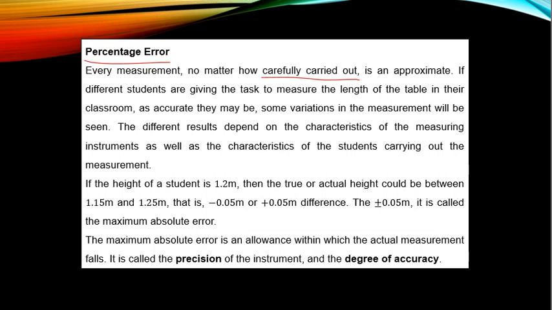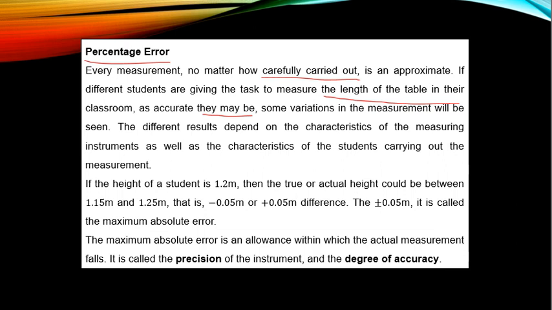If different students are asked to measure the length of the same table in their classroom, as accurate as each one may be, you will see some variations in the measurement.